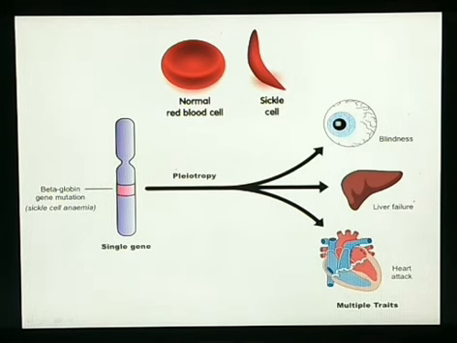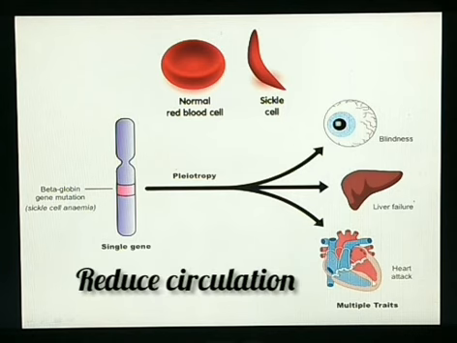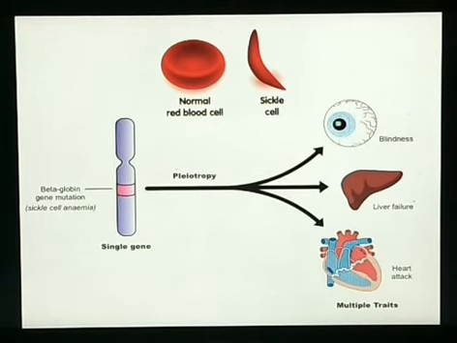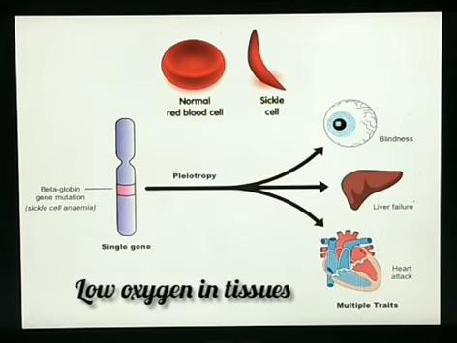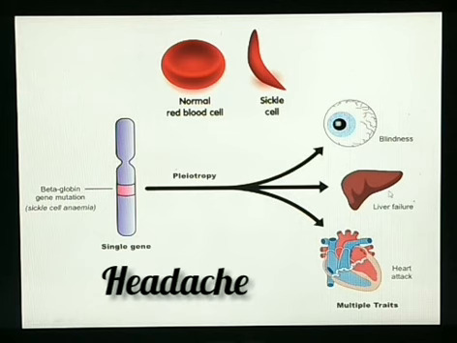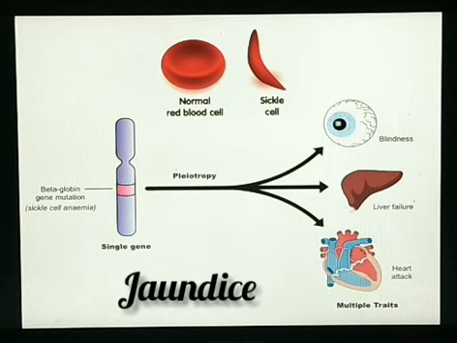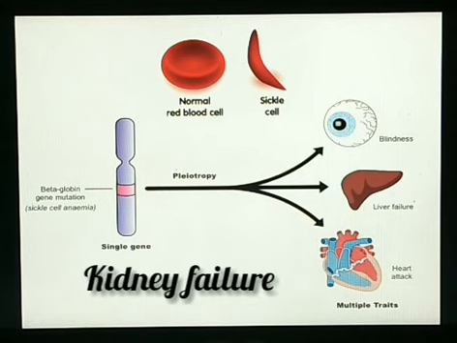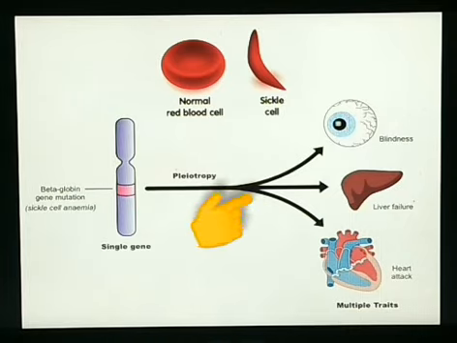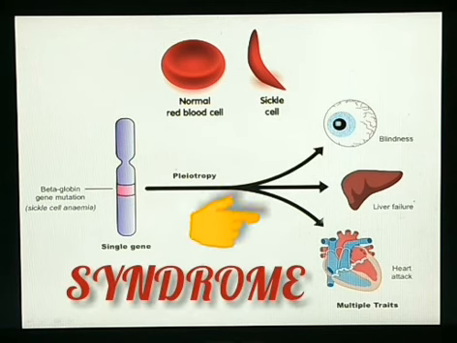They get stuck in the capillaries and reduce circulation, leading to heart attack. Poor circulation and anemia deprive the tissues of oxygen, and therefore it leads to weakness, headache, muscle cramps, jaundice, liver failure, as well as blindness, and also affects the kidney. So such related symptoms or effects by a single gene, together we call a syndrome.